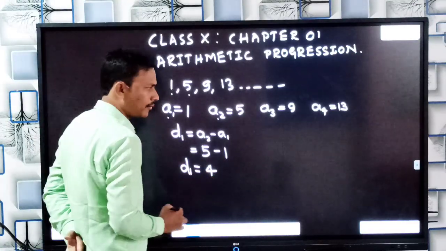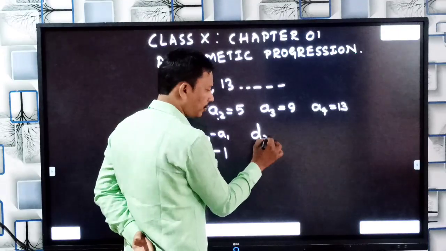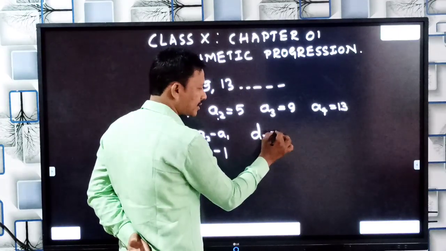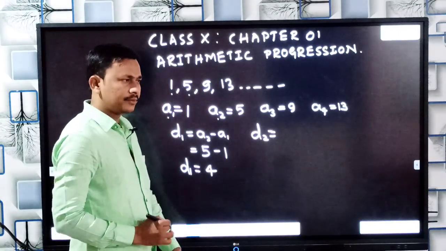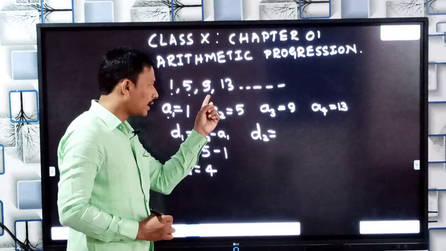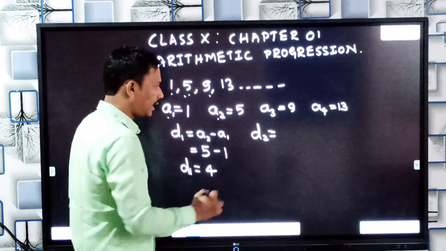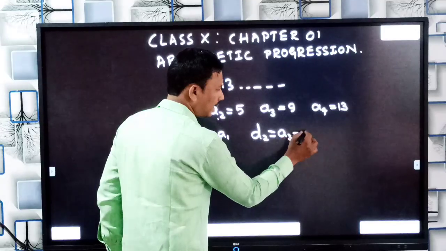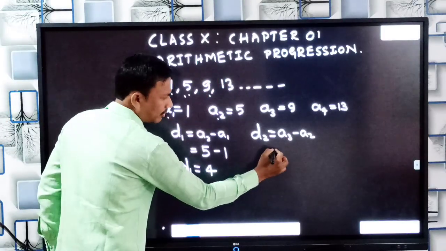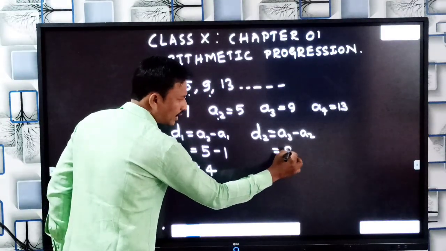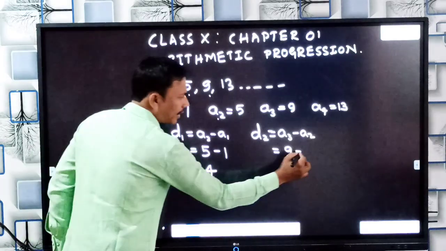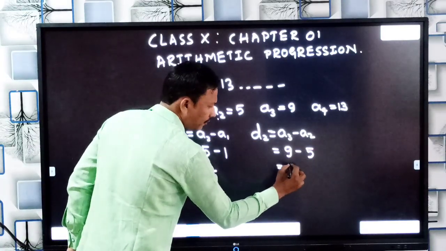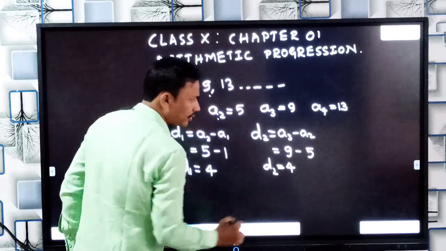D1 value is 4. Then what is D2, the second difference? Third number minus second number, that is A3 minus A2, which is 9 minus 5 is equal to 4. D2 is equal to 4.